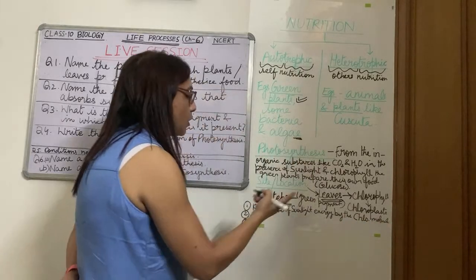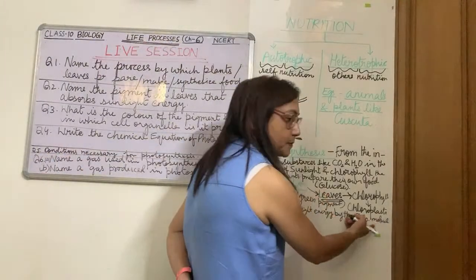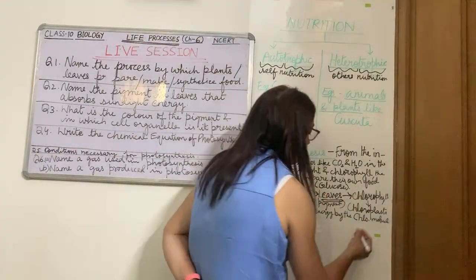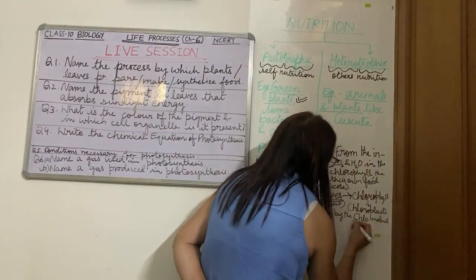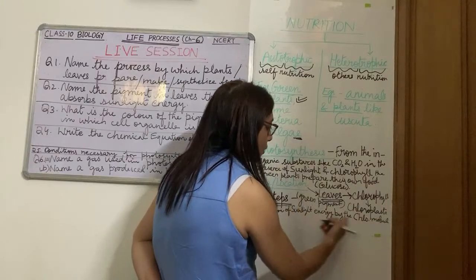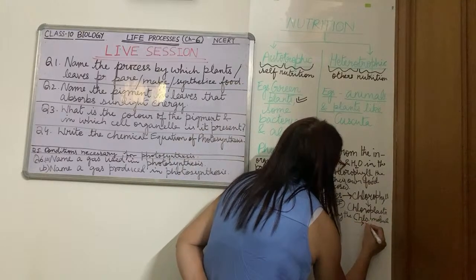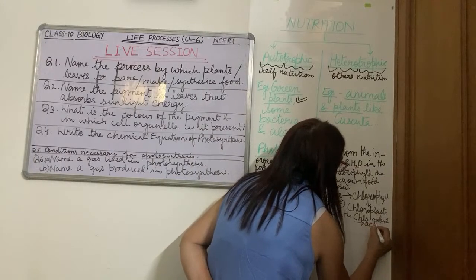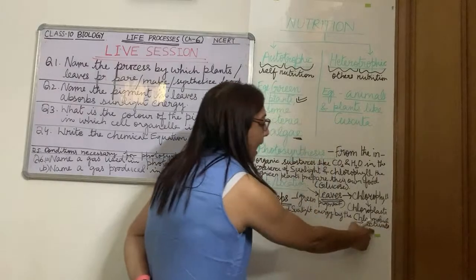First step is absorption of sunlight energy by the chlorophyll molecule, which is present in the green leaves. So what happens is, when the chlorophyll molecule absorbs sunlight energy, this chlorophyll molecule gets activated.